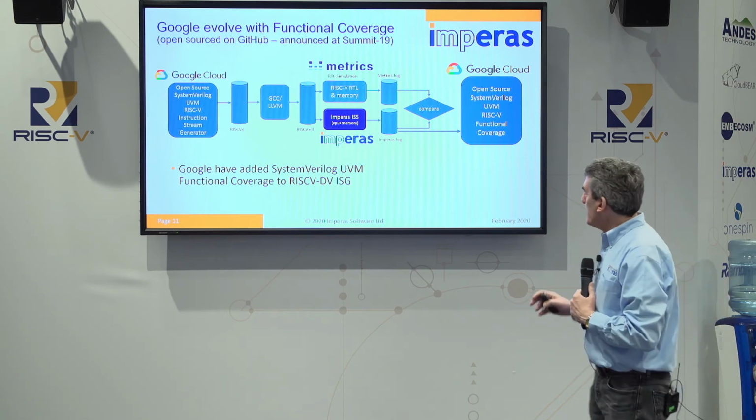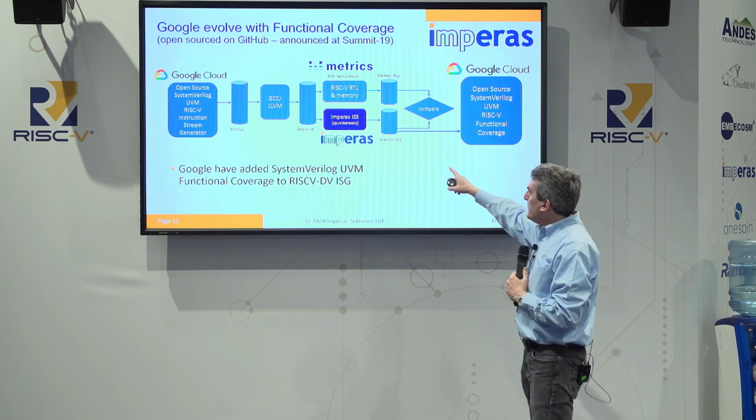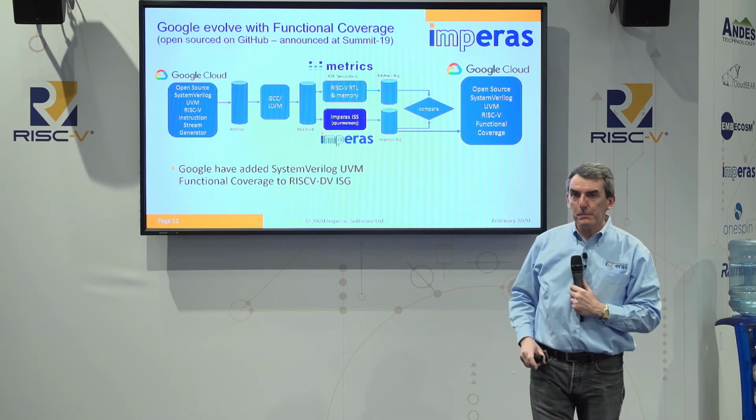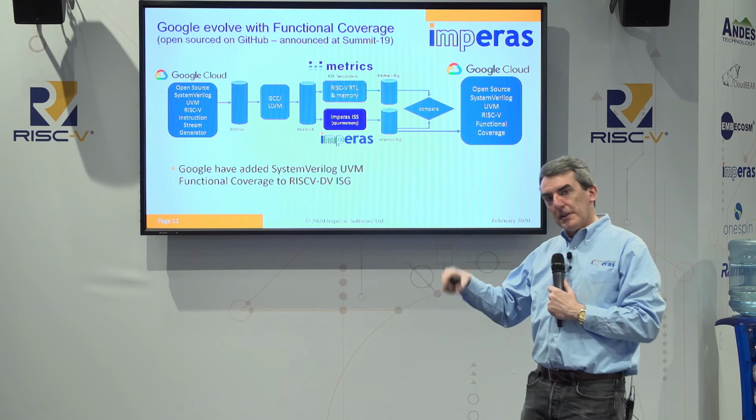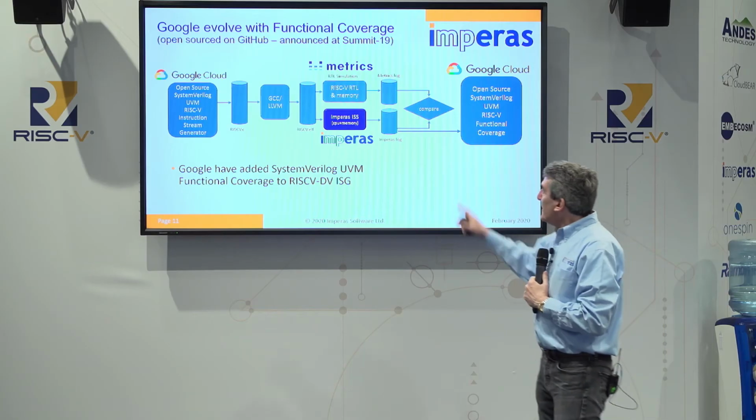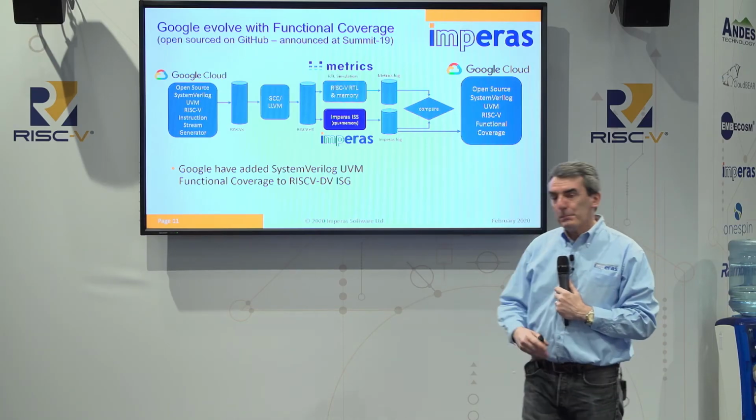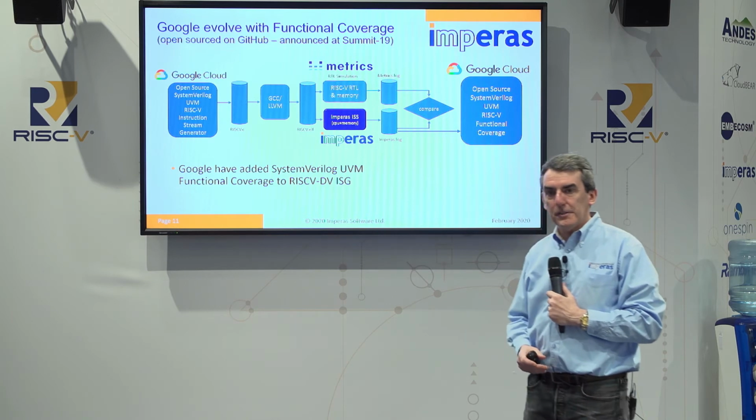Now, some of you may have questioned, why do we look at the coverage at the end of the process? If the instructions were generated from Google, the question would be, why don't you look at the coverage out of Google? Why do you need to do the rest of that work? The answer is, I know you probably know this in the audience, the reason is it's a processor. A processor is unlike a regular SoC design.